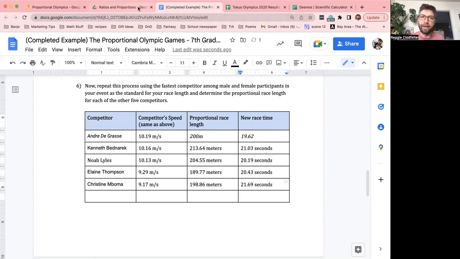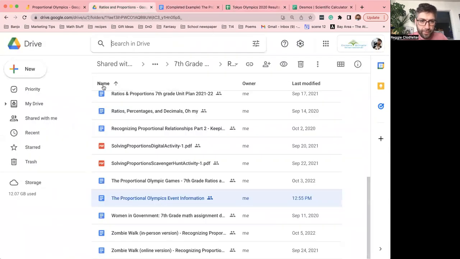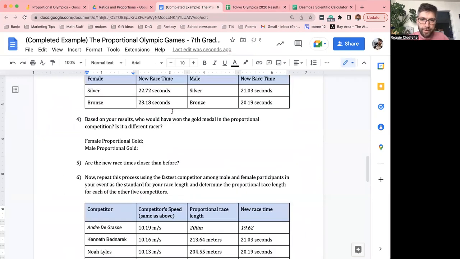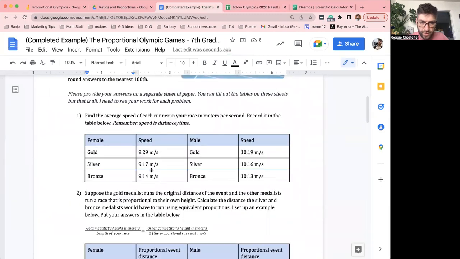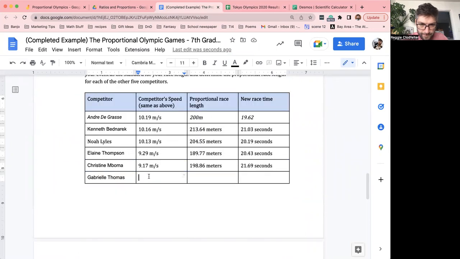Okay, and now I only have one row remaining. Gabrielle Thomas, who's going to be the very bottom right here. I'm going to grab Gabrielle's speed from question 1, 9.14 meters per second. I'm now going to find Gabrielle's new proportional race length.